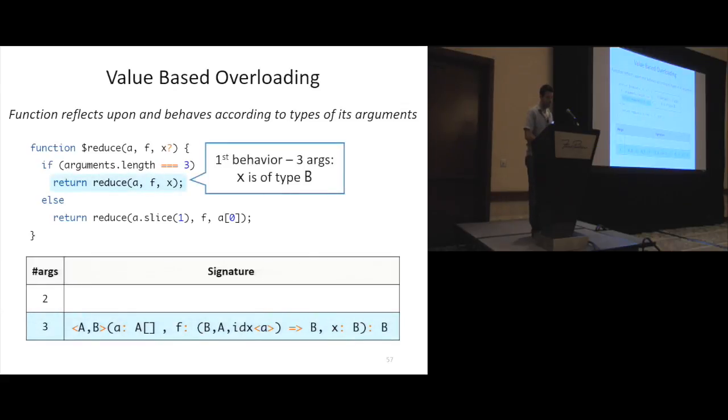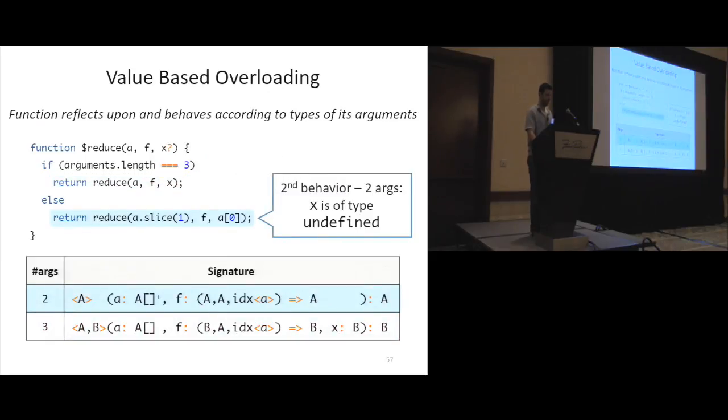In the case that it is called with 3 arguments, we have the first behavior. And in this case, x is expected to be of type B, as we can see also in the signature at the bottom. However, there's also another behavior that we expect, which is when it's called with 2 arguments. And in this case, x is considered to be undefined, as we can also see in the signature on the first line.